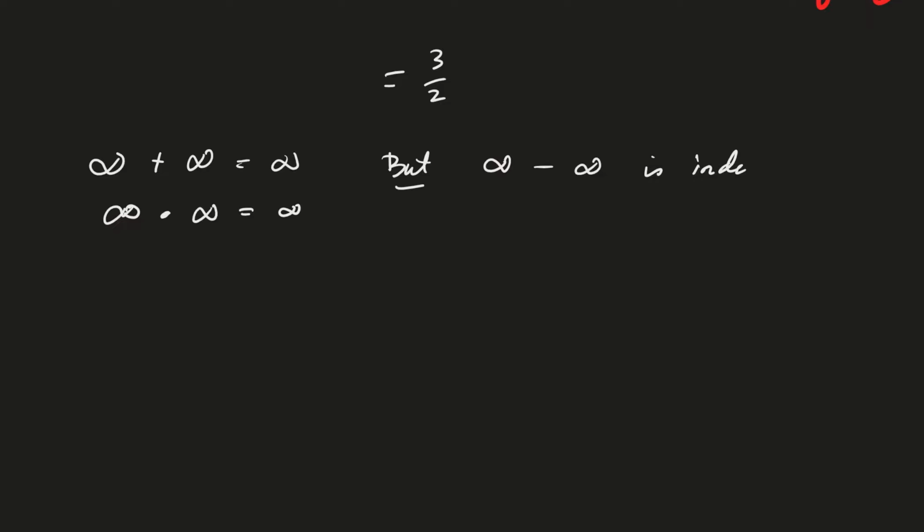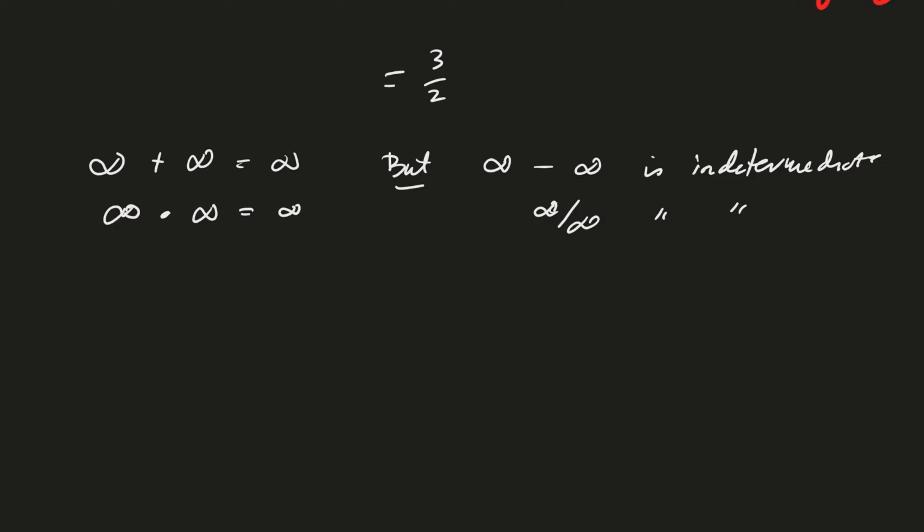It may or may not have a number. And same thing with infinity divided by infinity. Okay, good. So that's just some general things to keep in mind as you're going through some of these exercises. Good. All right.